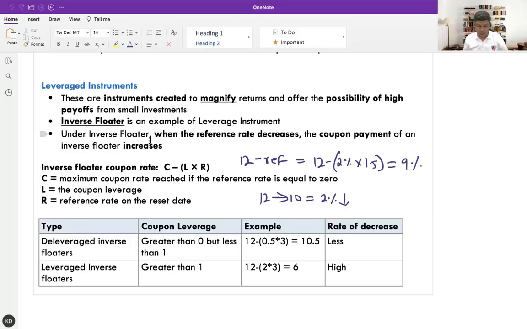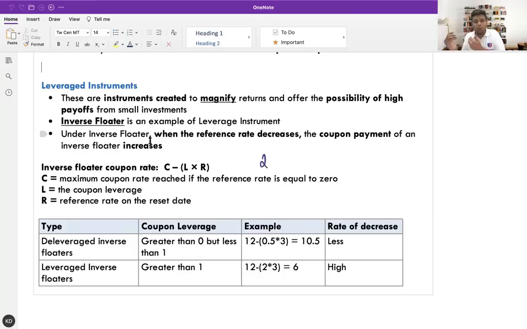So effectively, what coupon will I be getting? For me, the coupon will not be 2%, but more than 2. If the fall is 2%, I will only get 2% if there is no leverage. But if there is leverage more than 1, let's say it's 2, then 2% into 2, I'll get more coupon.